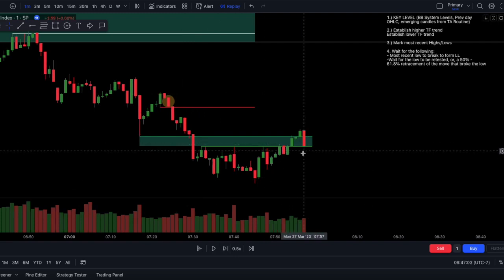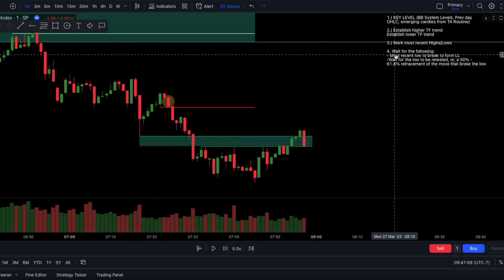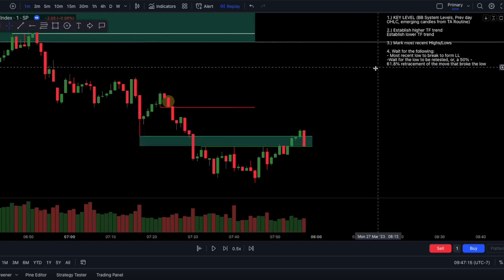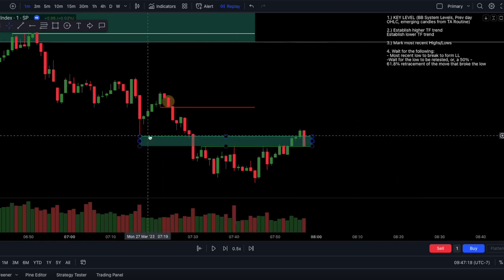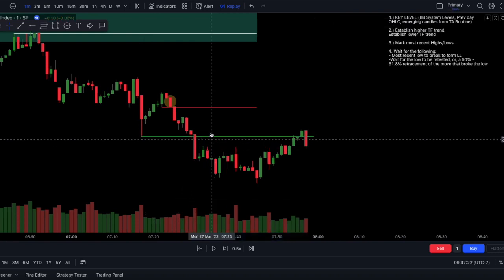We get a nice strong seller candle. So this is actually another entry. If you look back at our criteria here, we marked our most recent lows, most recent highs. What do we have here? Well, we have a recent low right here.